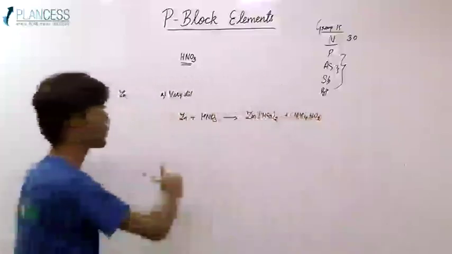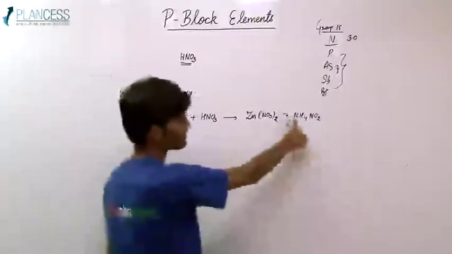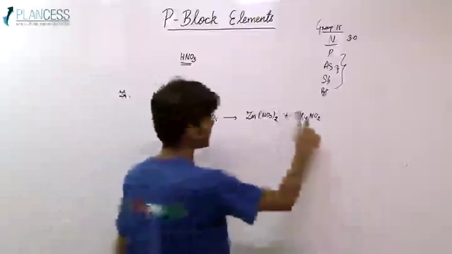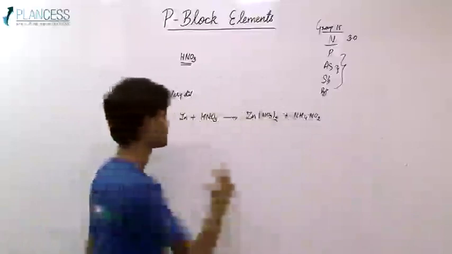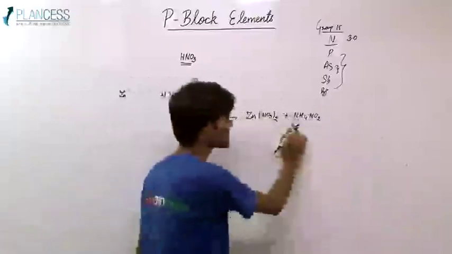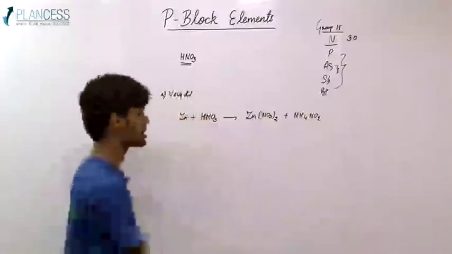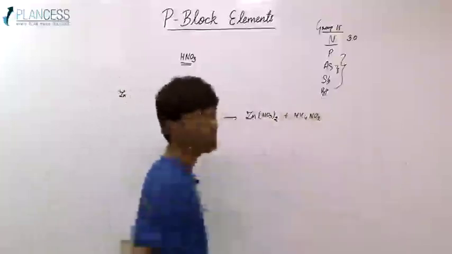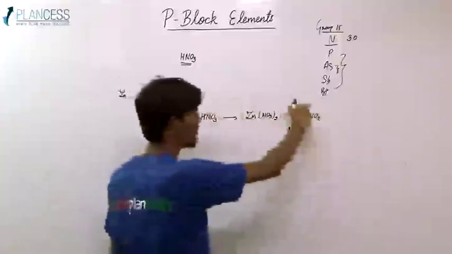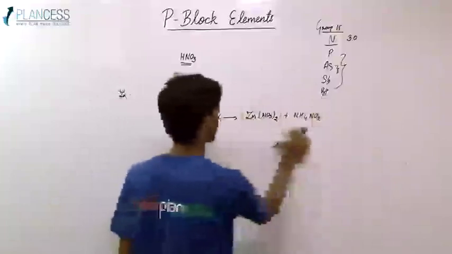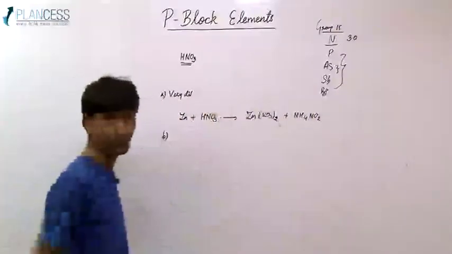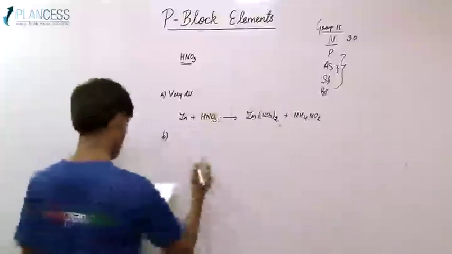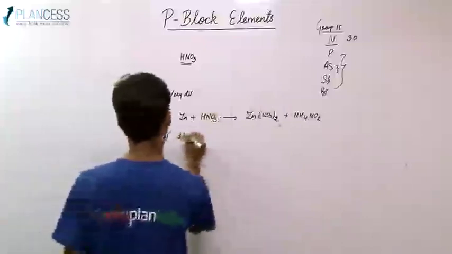In this case, N in NH4 is in the -3 oxidation state, and in NO2 minus, N is in the +3 oxidation state, so it reduces from +5 to -3 and +3. In some cases the difference in oxidation state is 8, so it is reduced to a very large extent.